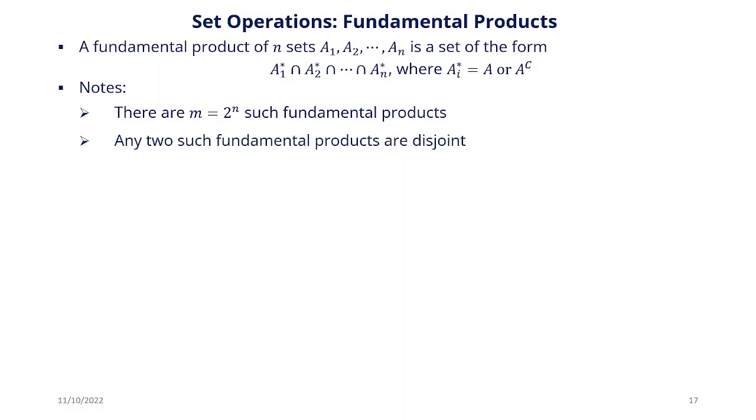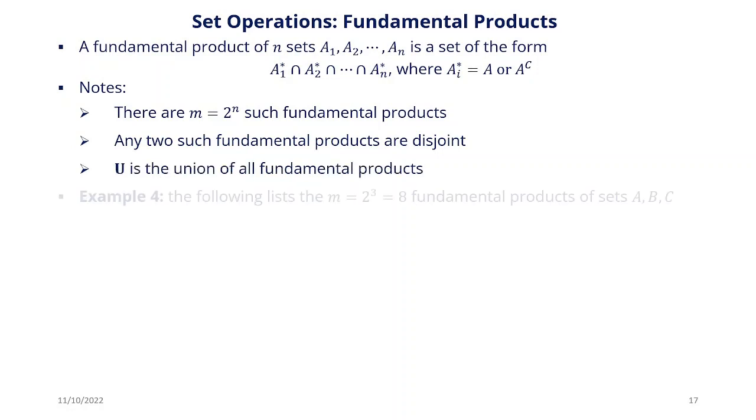Any two such fundamental products are disjoint. U is the union of all fundamental products.